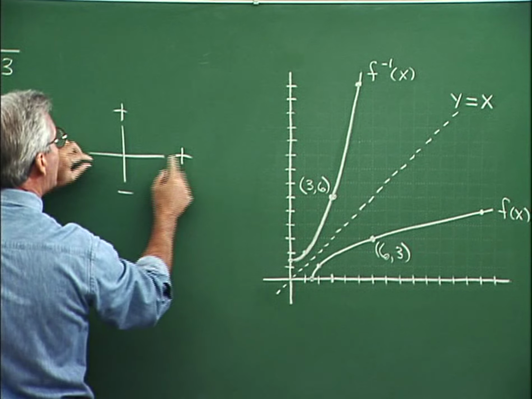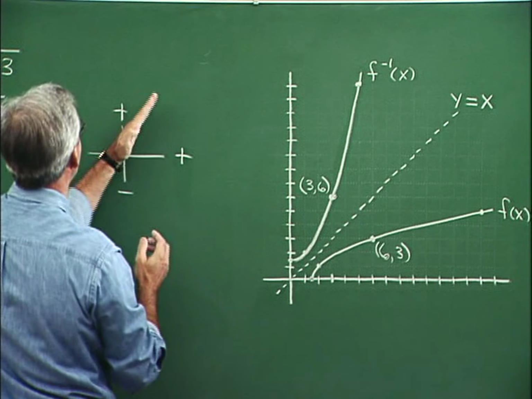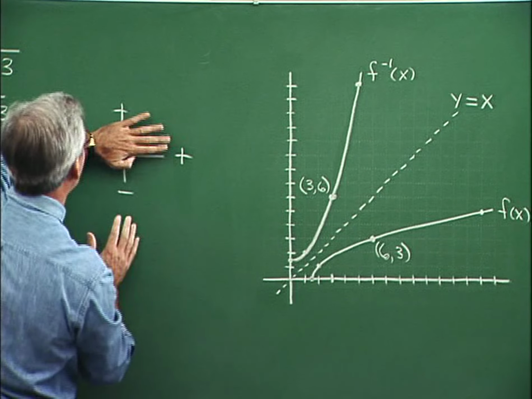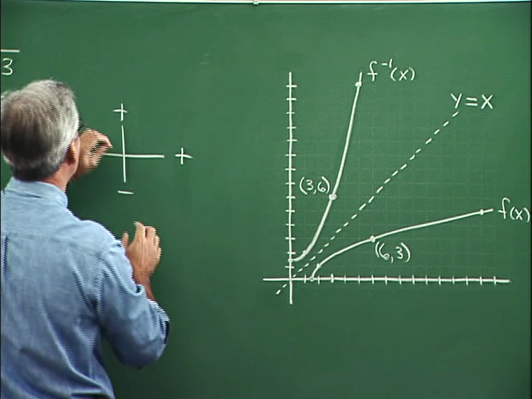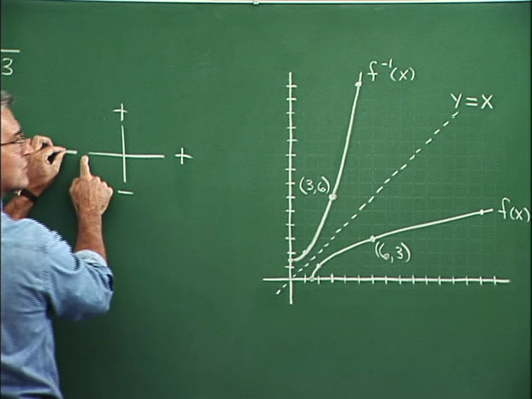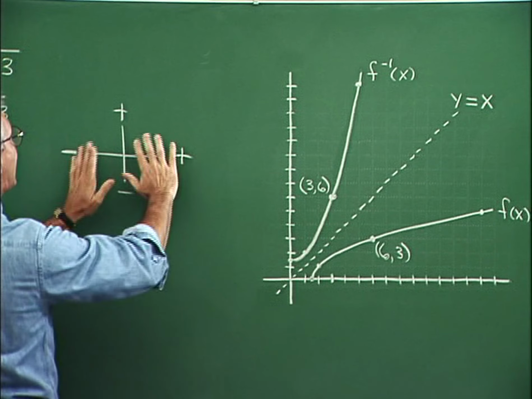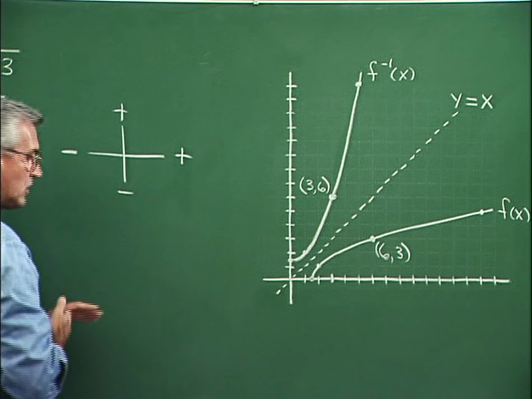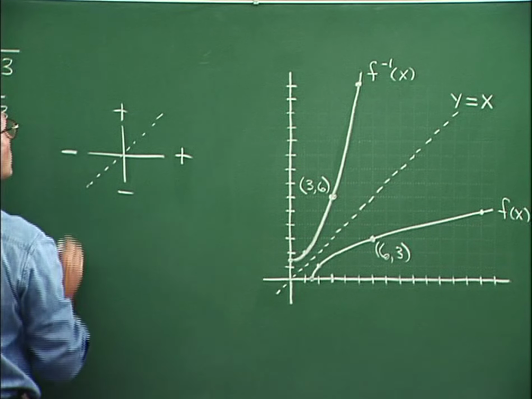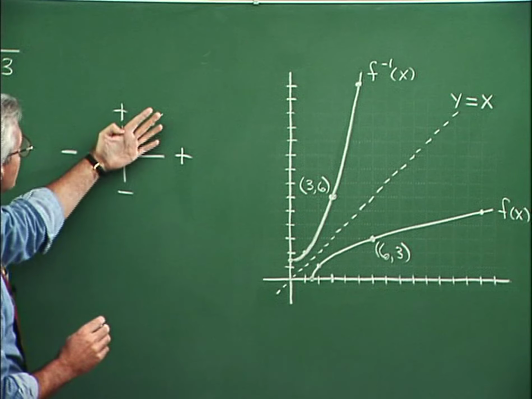Well, that would exchange these positive x's and they would become positive y values. But in twisting the whole coordinate plane around like this, these positive y values would become negative x values, in that kind of rotation process. So what has to happen is this. We have to twist like this, you see.